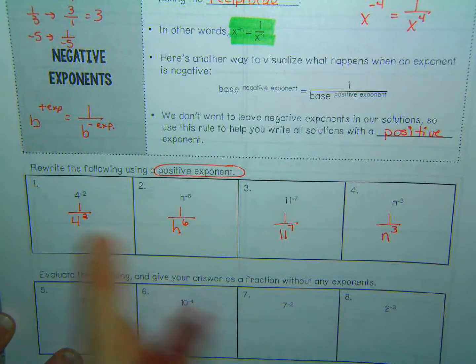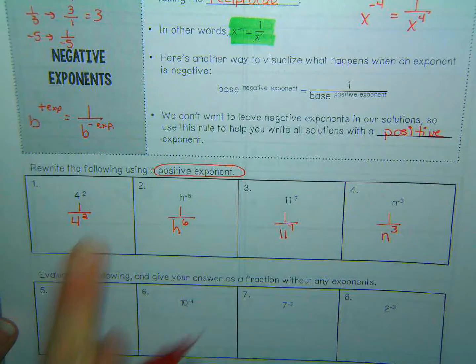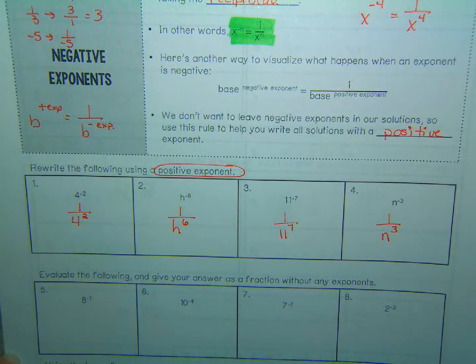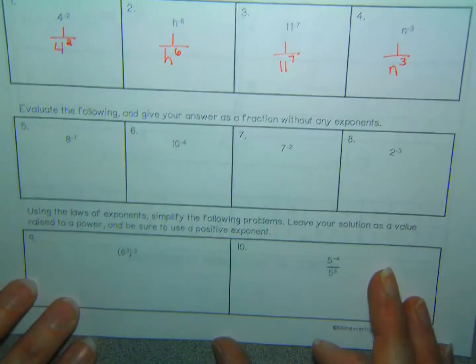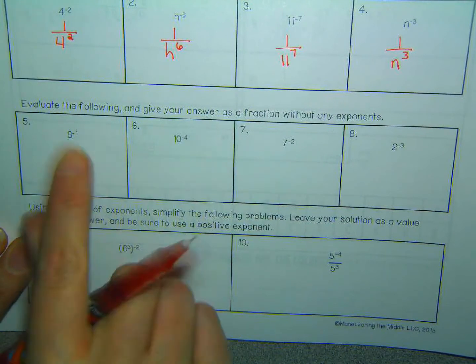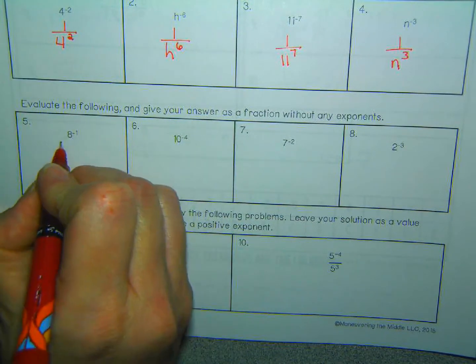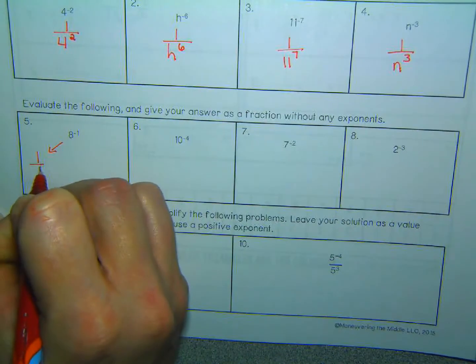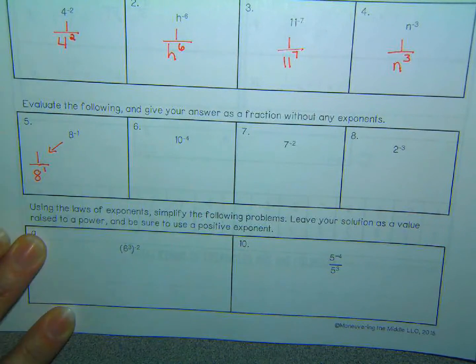So that was a lot of repeated practice with what it means when we have negative exponents. So how are we going to use that to simplify these problems? Well, this right here is the same as 1 over 8 to the 1st.